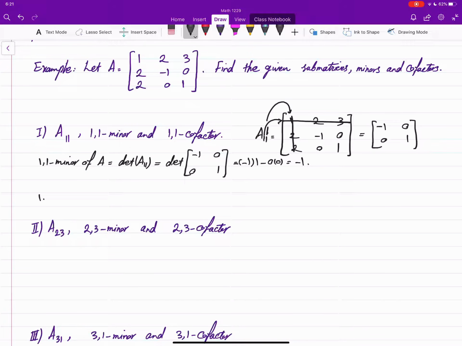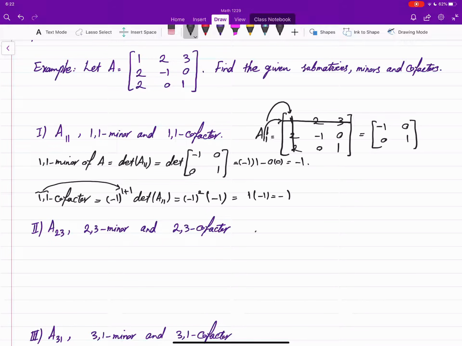How about the 1,1 cofactor? The cofactor is the same thing as the minor, but you multiply it by negative 1 to the power of the sum of the two indices. So it will be negative 1 to the power 2 times the minor, which is negative 1. Negative 1 to the power 2 is just 1, times negative 1, so the cofactor is negative 1.